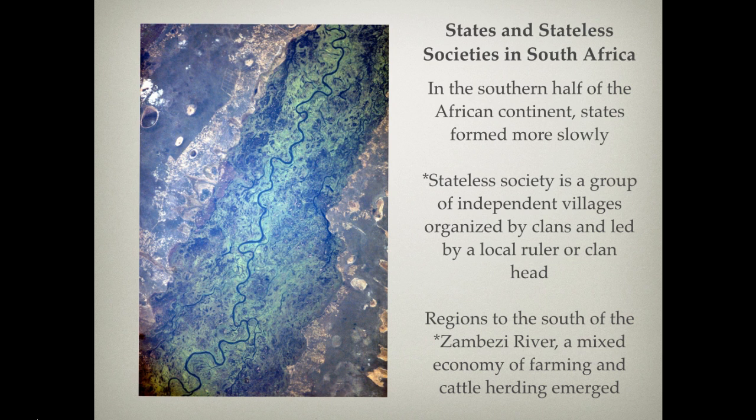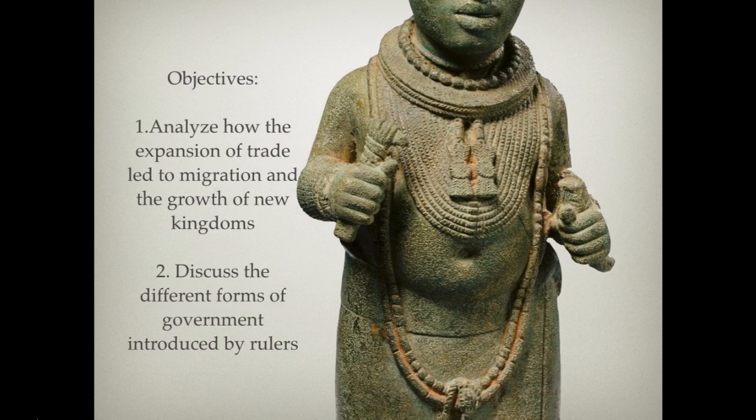And really these are centered around regions in the south, particularly along the Zambezi River. And you see a mixed economy of farming and cattle herding that really begins to emerge, but you don't see the rise of massive civilizations, massive temples, largely due to the geographical nature of the region and territory.